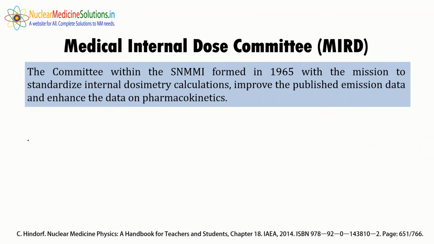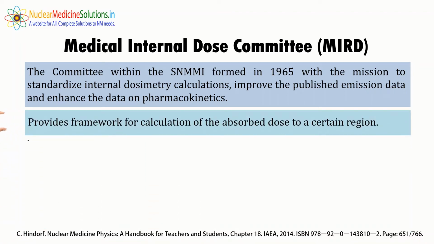The MIRD system was developed by a committee within the SNM-MI, which was formed in 1965 with a mission to standardize internal dosimetry calculations, improve the published emission data, and enhance the data on pharmacokinetics. This provides a framework for calculation of absorbed dose to a certain region.